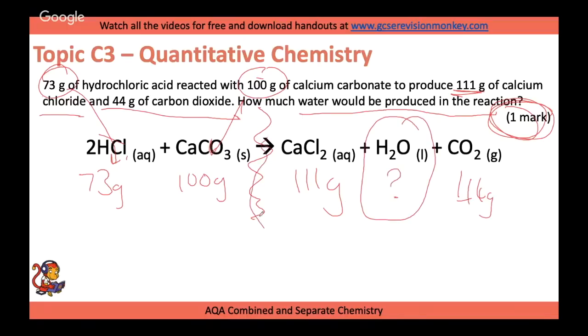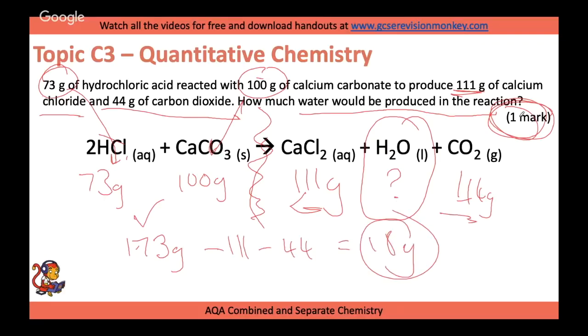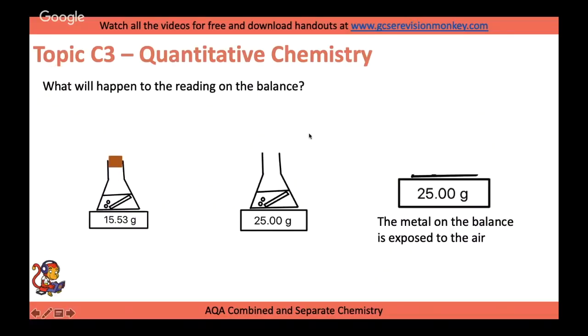And if everything on the left needs to equal everything on the right, reactants equal products, then everything on the right must equal 173 grams, because that's what the left equals. So if you do 173, take away these two, you should get your answer. Take away 111, take away 44, will give you 18 grams. So just one mark, a simple calculation for foundation that they make look very difficult.